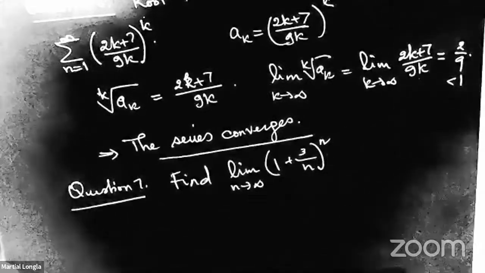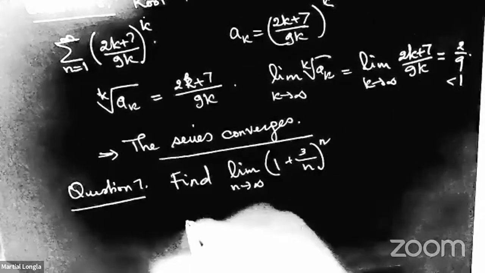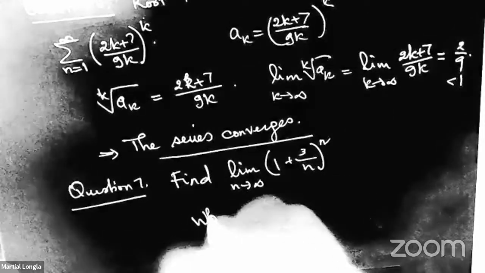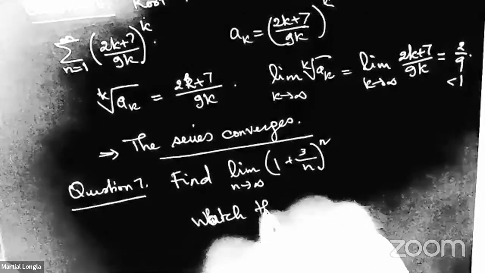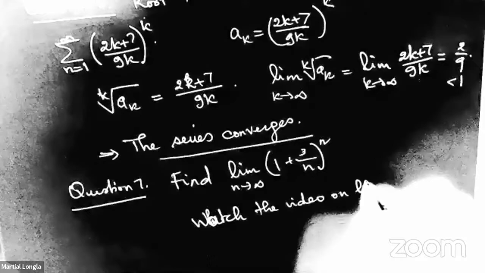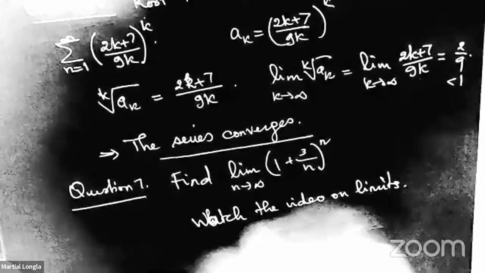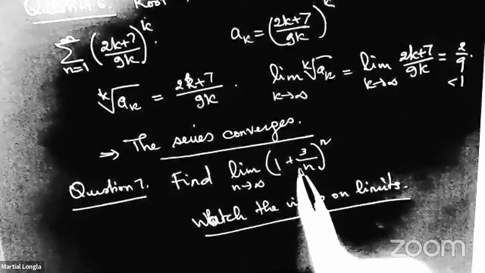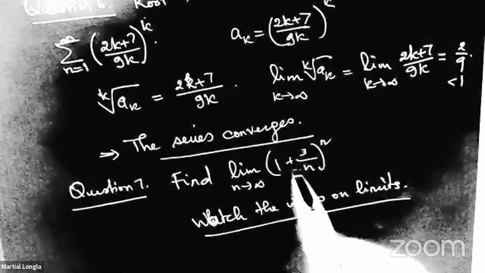And for that, the time is over. So I would ask you to watch the video on limits for this. I need you to follow all the steps that are done there, not just tell me that the answer is e to the 3.